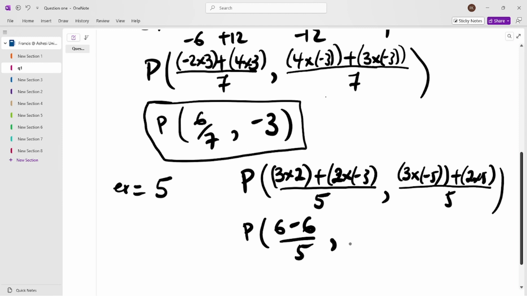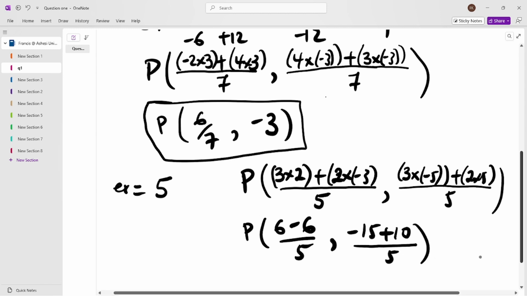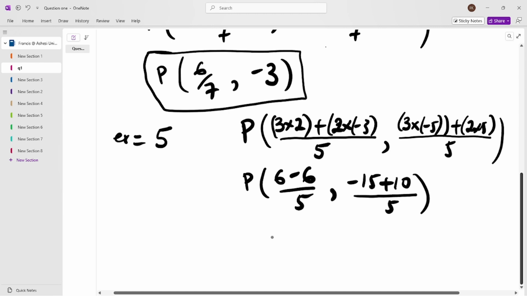All over negative 15 plus 10, all over 5. Okay, what's the final answer?